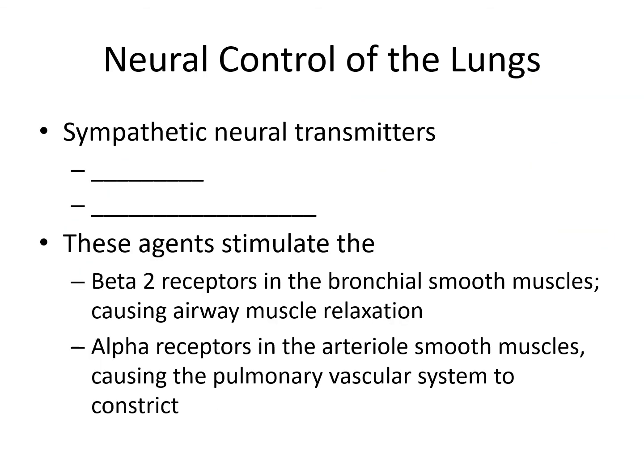All right, you have your sympathetic neurotransmitters. These are postganglionic. So preganglionic, you have ACH. Postganglionic, you have epinephrine, right? And then the other one is, I hope you remember it, norepinephrine, right? These will stimulate the beta-2 receptors that will let the bronchial smooth muscles dilate or relax, right?